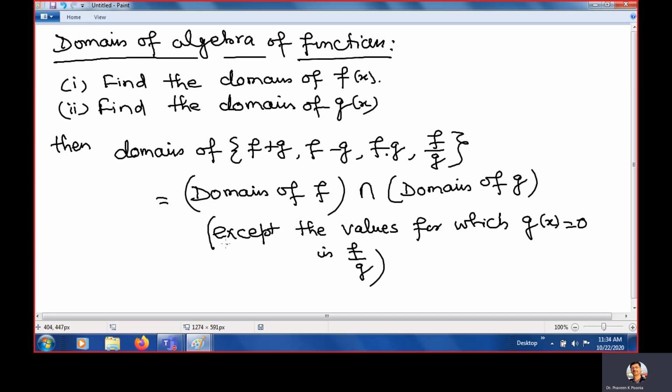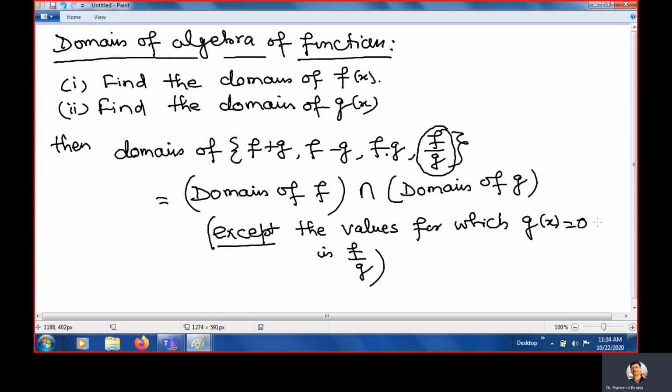This you need to remember. This is the exception, because if we are taking the domain here, you need to remove those values for which g(x) is equal to 0. We cannot take those values.